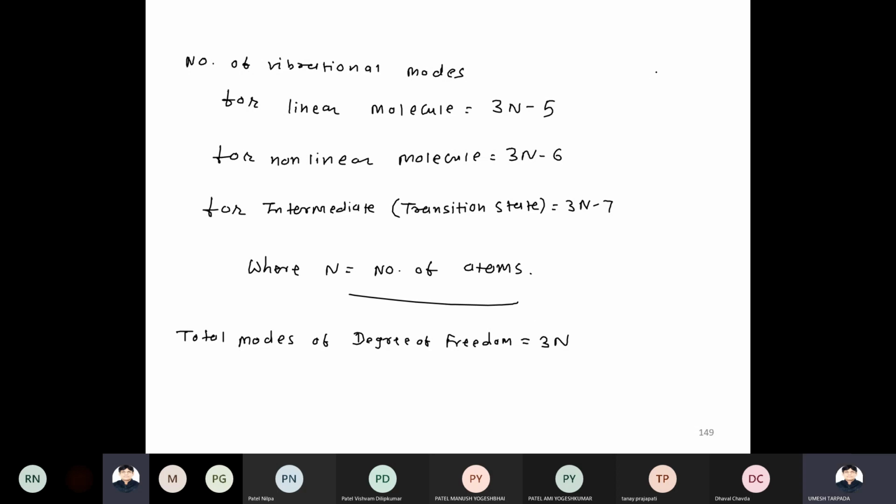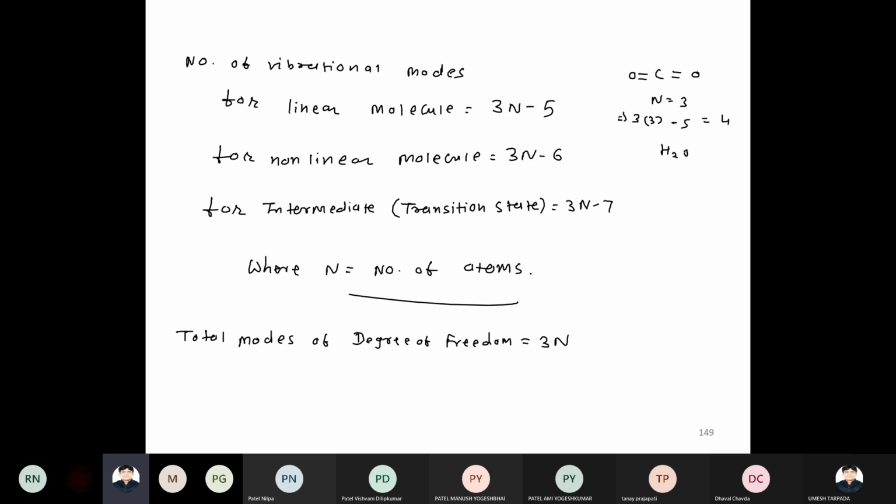For CO2, what happens? CO2 is linear. How many n is equal to 3 atoms? How many modes of vibration are possible? 4. That is 9, this formula is used, so 9 minus 5 is equal to 4.